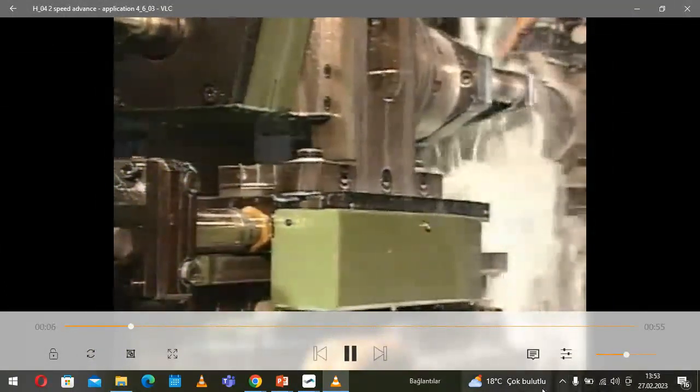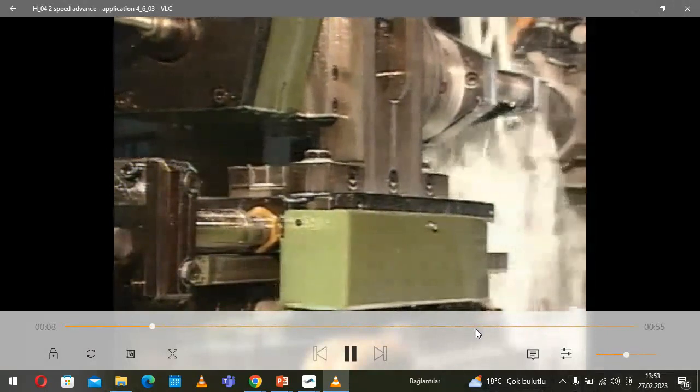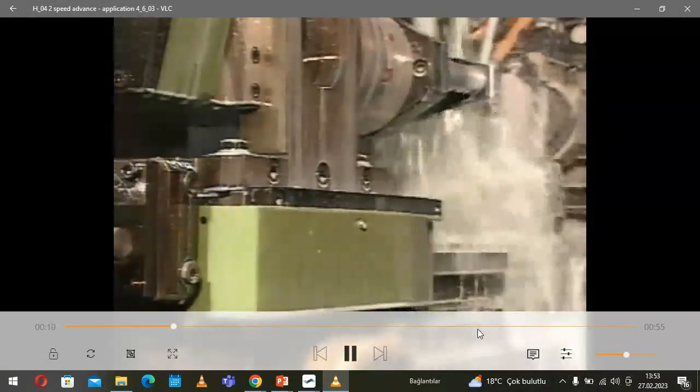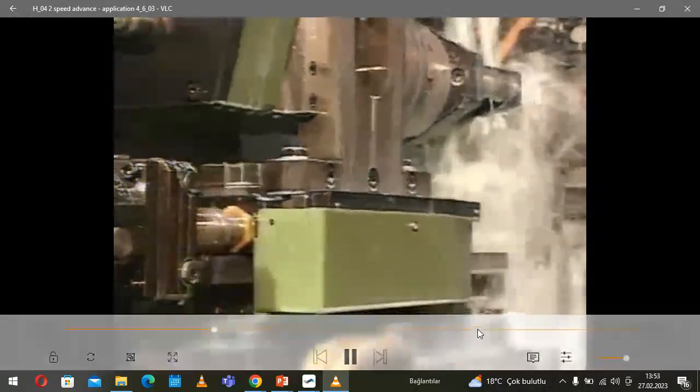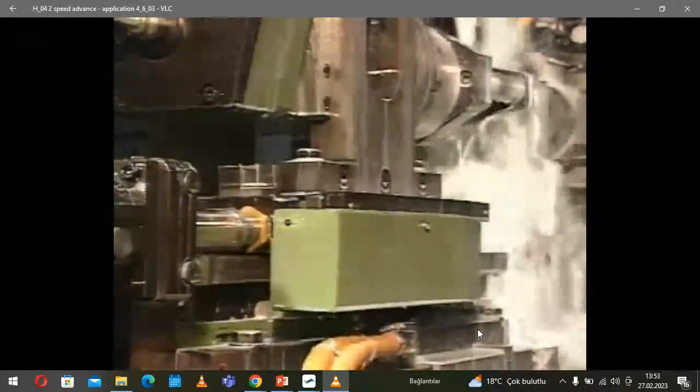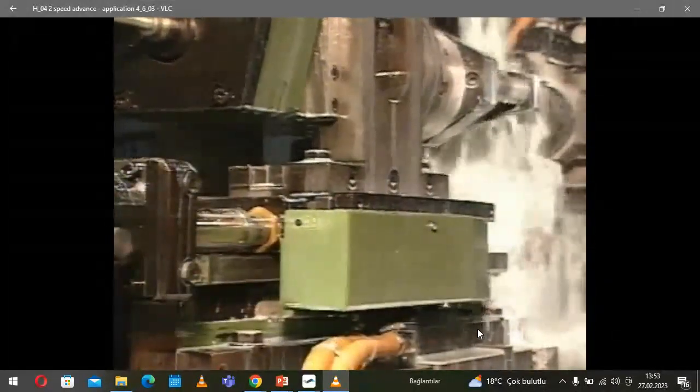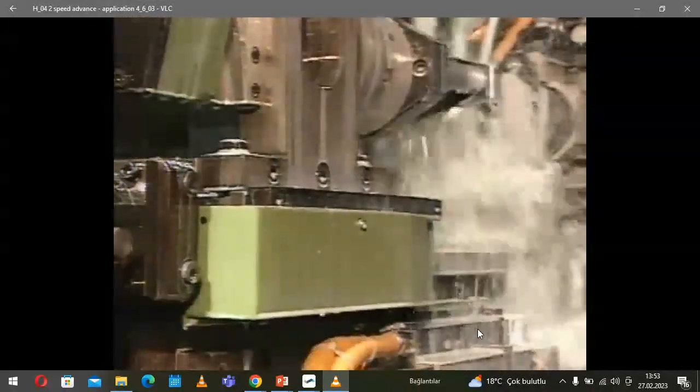But in this machining complex, we want to achieve the following rhythm of motion. Tool advances rapidly, machine slowly and with maximum force, retracts rapidly.